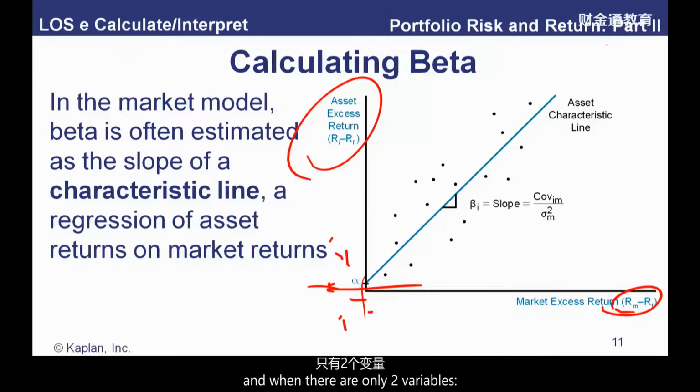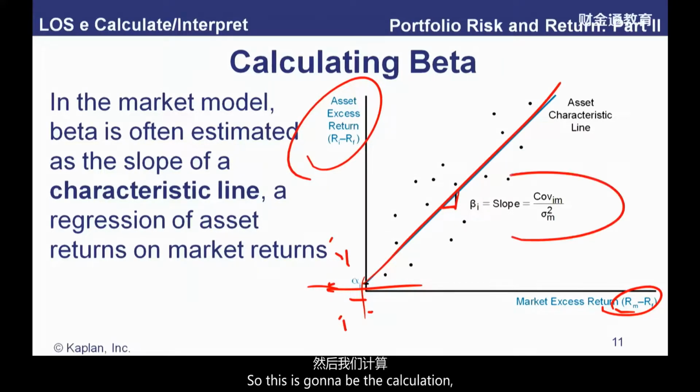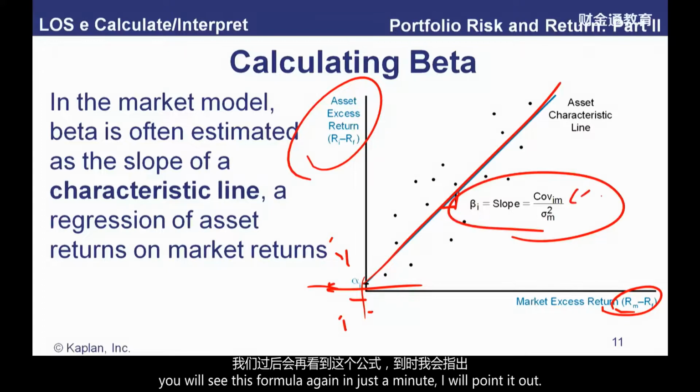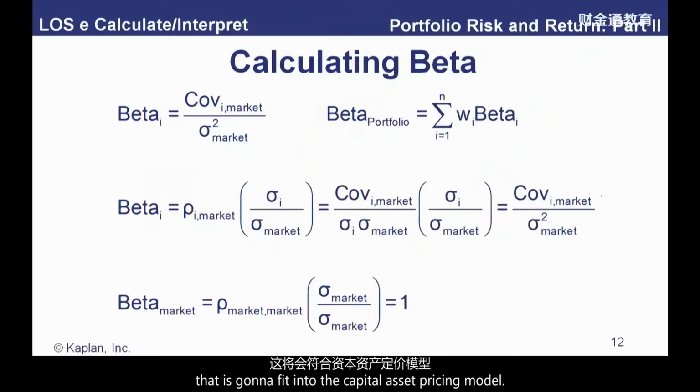When there's only two variables, return on the market and return on the asset, it's easy to eyeball, and we get this straight line, and the slope of this line is going to be our beta. So this is going to be the calculation. You'll see this formula again in just a minute. I'll point it out. But that is going to be our measure of systematic risk that is going to fit into the capital asset pricing model.